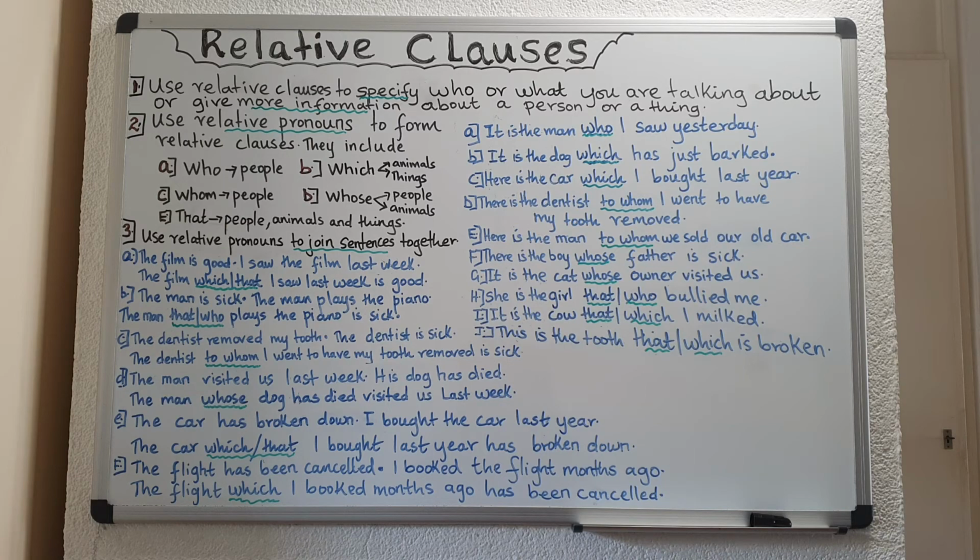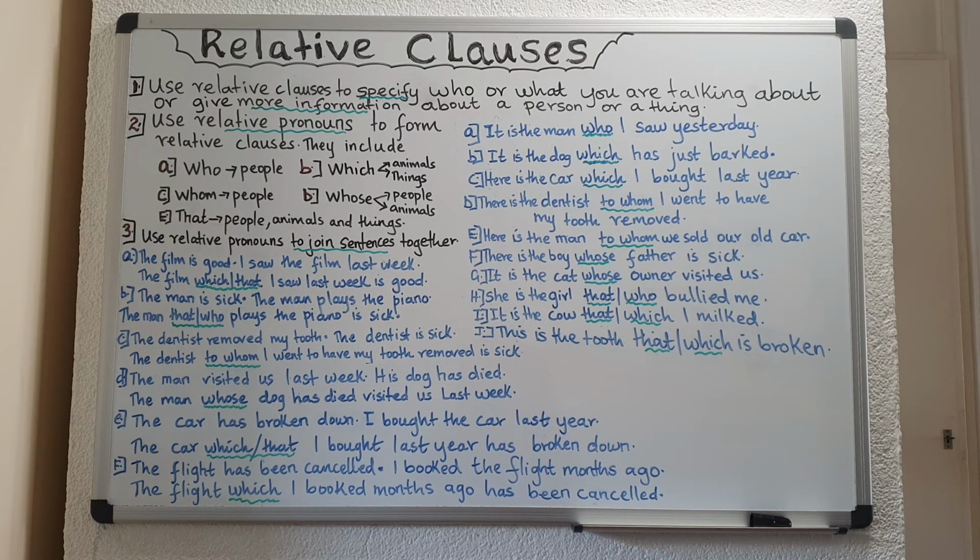J. This is the tooth that is broken, or this is the tooth which is broken. Imagine that you're sitting in the dentist's chair and you want the dentist to know which tooth is giving you problems. Then you would point at it and say, this is the tooth which is broken, or this is the tooth that is broken.